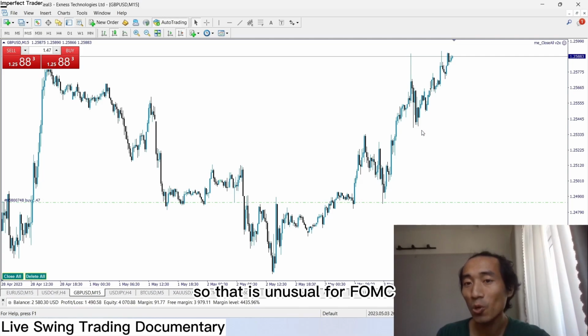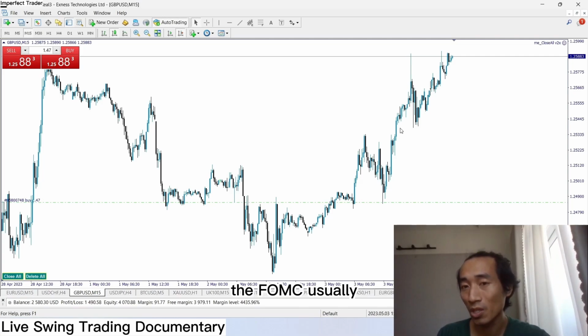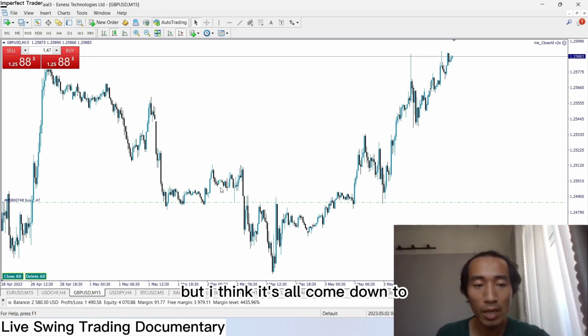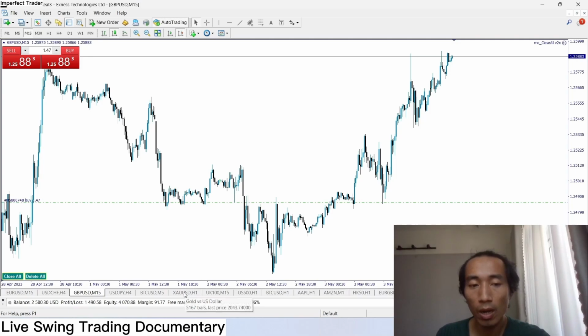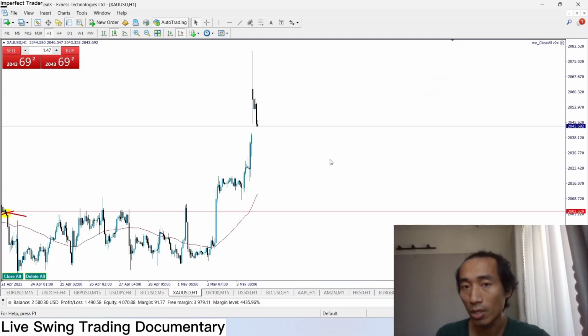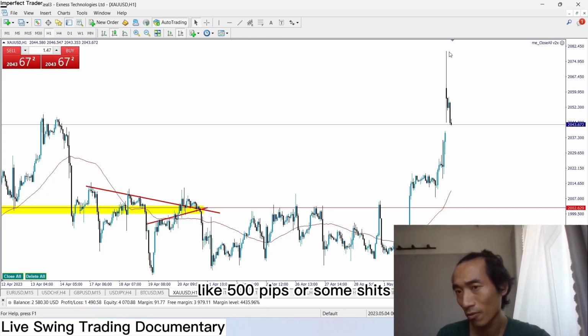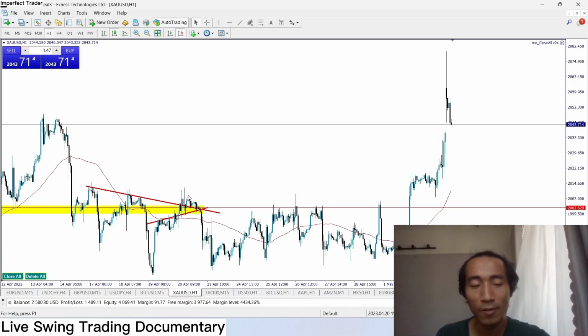That is unusual for FOMC, because FOMC usually makes price swing a lot. But I think it all comes down to gold, because gold really pushed up really hard, like 500 pips or something.